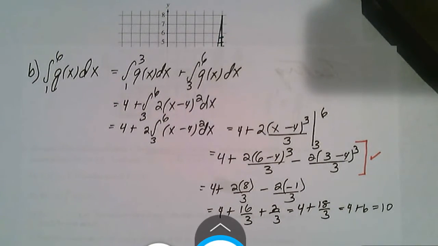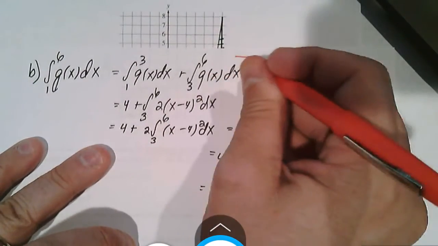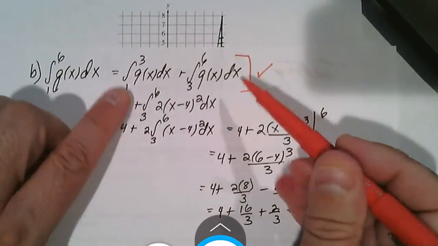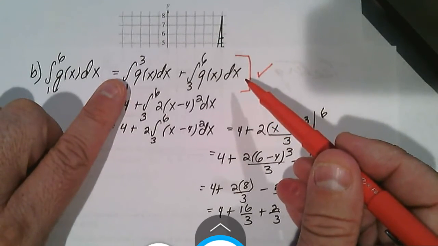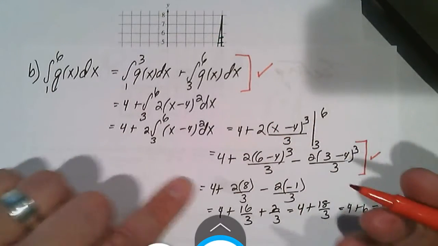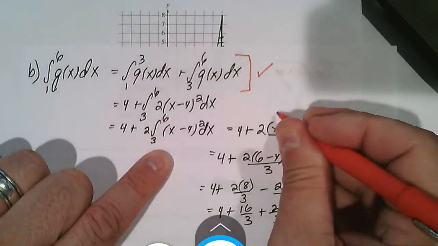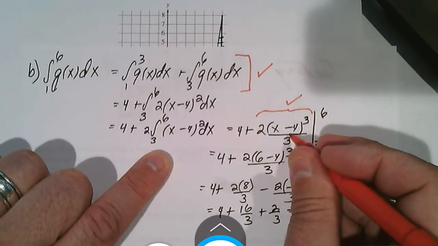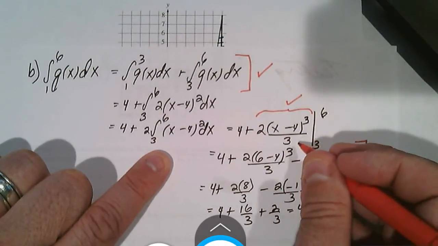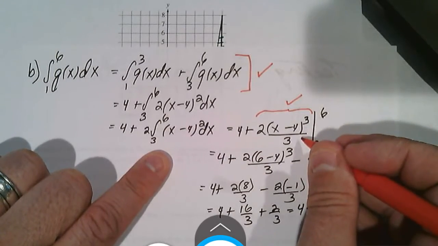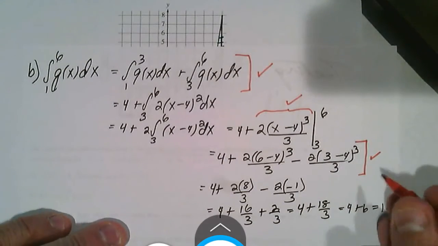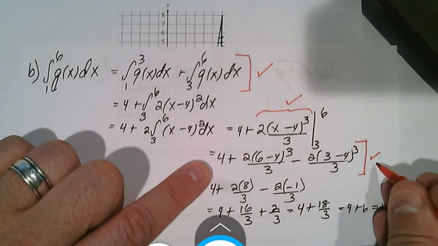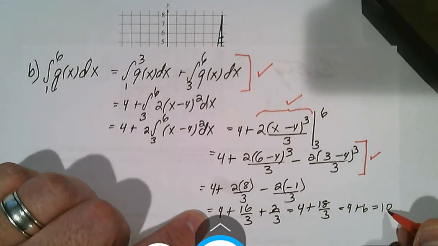They awarded 3 points for this problem. The first point comes in for knowing to write the integral as two separate integrals. Another point comes in when you successfully find the antiderivative of (x minus 4) squared by substitution, or by sort of guess and check, and then 1 point for the evaluation, which would come in right here, or for the simplifying.